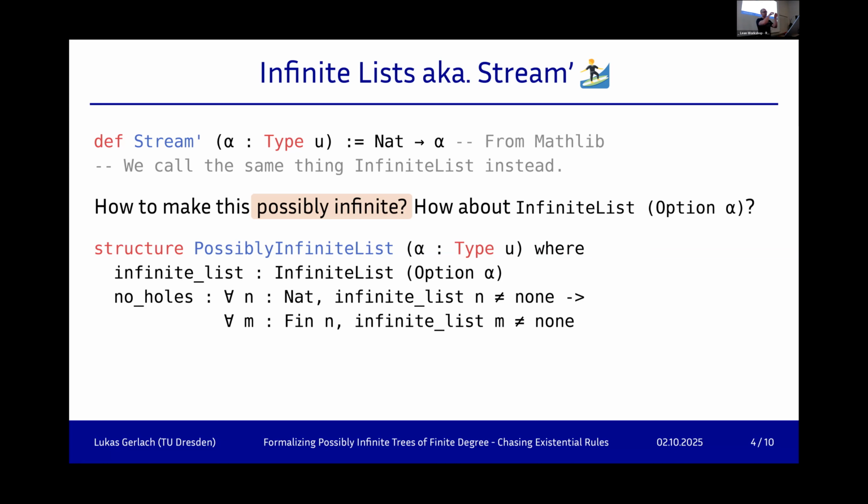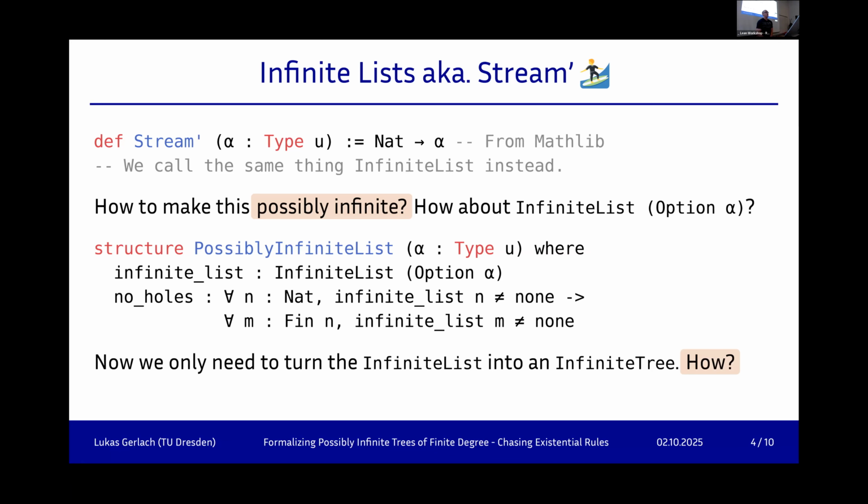So I don't want to have a lot of nons in between the actual elements of that infinite list. And this is just something stated in the second row, basically. So if something is not none, then everything which comes before is also not none. And this works out sufficiently well, and I'm happy with that.